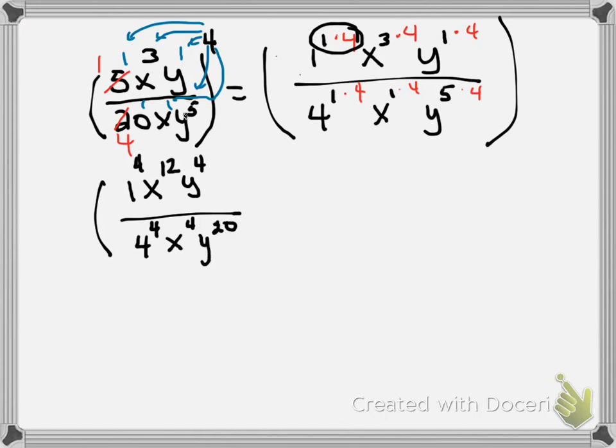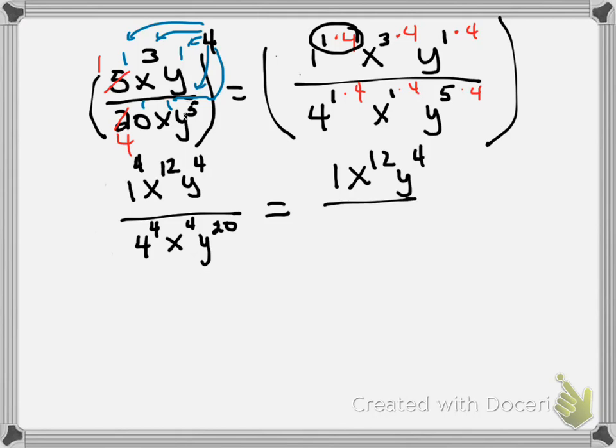I'm going to go ahead and delete this because we really don't need this now. Alright, so I'm going to rewrite this. 1 to the 4th power is 1, and I'm still going to keep it here just right now. x to the 12th, y to the 4th.